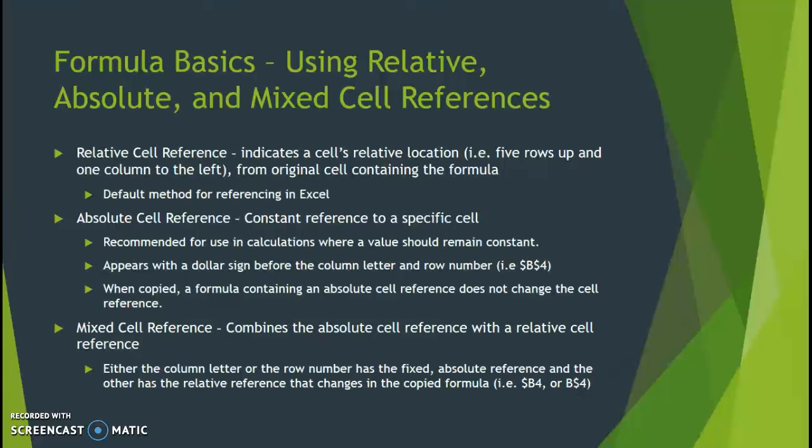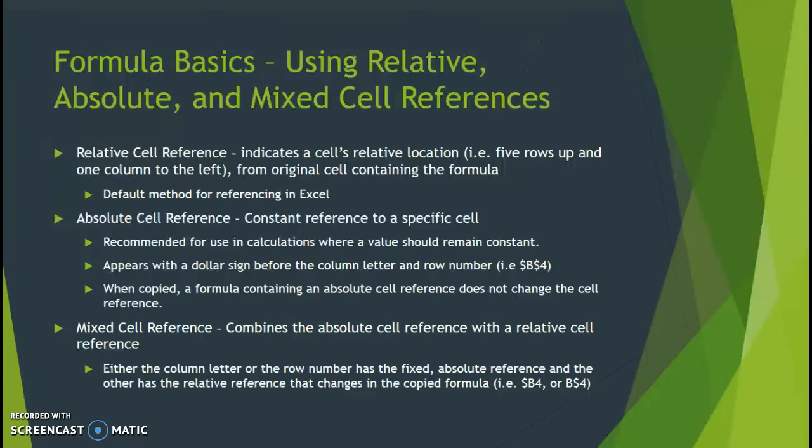The second cell reference we're going to be looking at is absolute cell reference. This is the reference of a constant or specific cell within the worksheet that's being used in a particular function or calculation. This type of cell reference is recommended for use in calculations where values should remain constant.